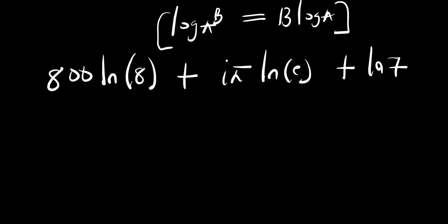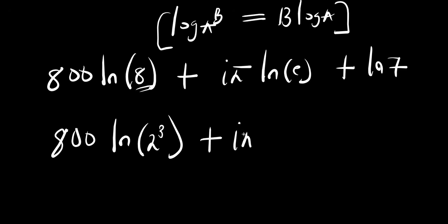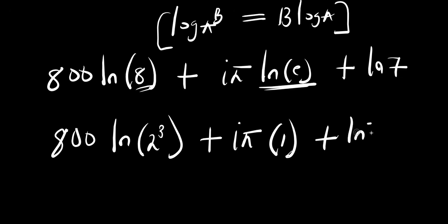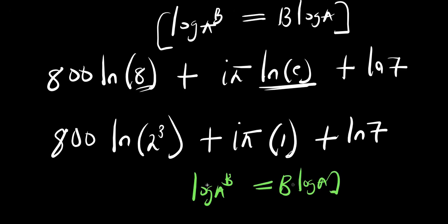So from here, I can express this 8 here as a product of multiples of 2. That means 800 times natural log of 8 is 2 power 3, plus i times pi. ln of e is 1. So this is 1 plus natural log of 7. So applying this identity, log a power b equals b times log a, the 3 comes behind the natural log.